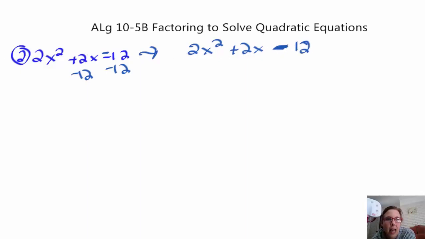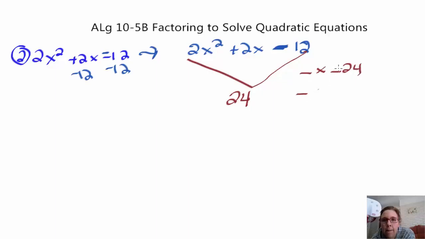Okay, now we have to multiply and get 24. So what times what gives me 24? I'm sorry, -24, but added together gives me 2. Okay, well, there's 12 and 2, there's 24 and 1, and there's 6 and 4.